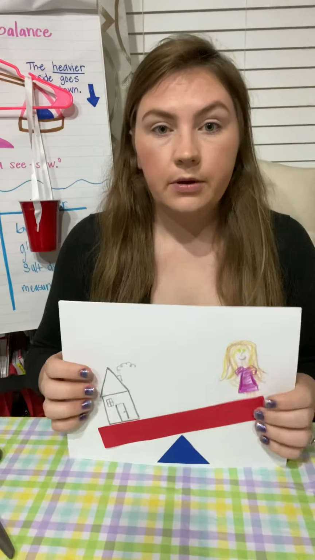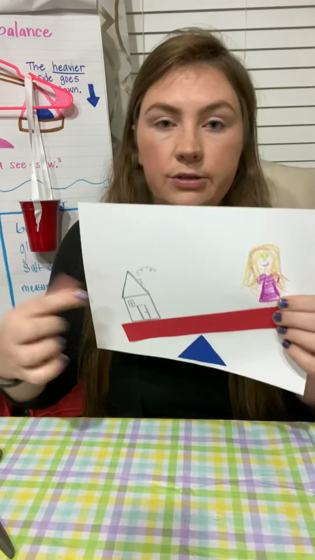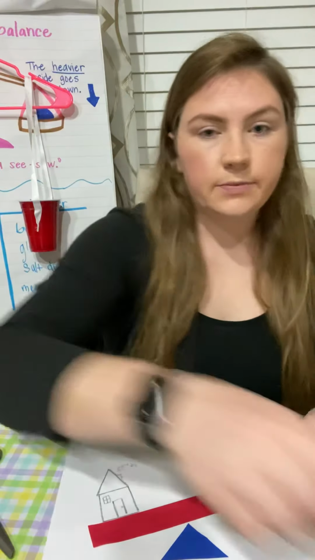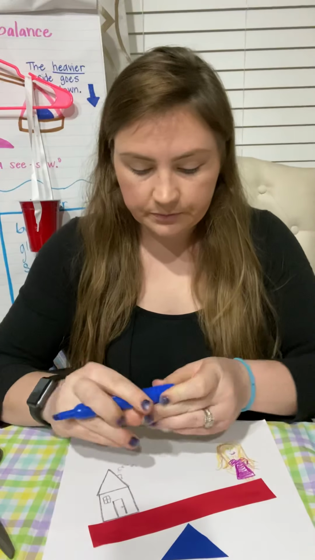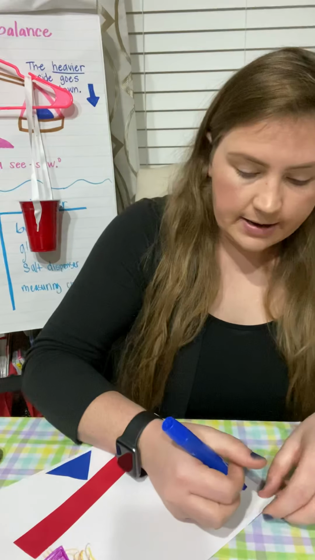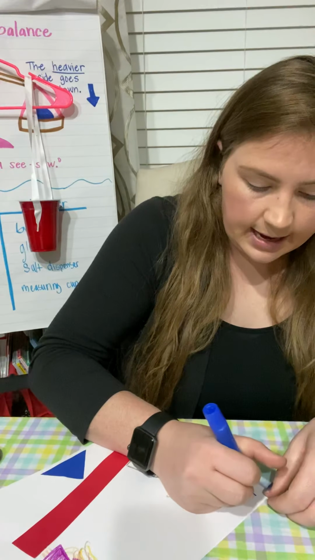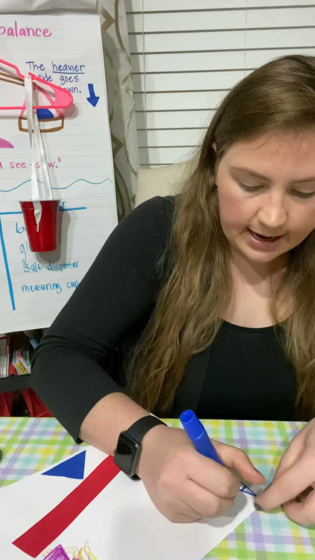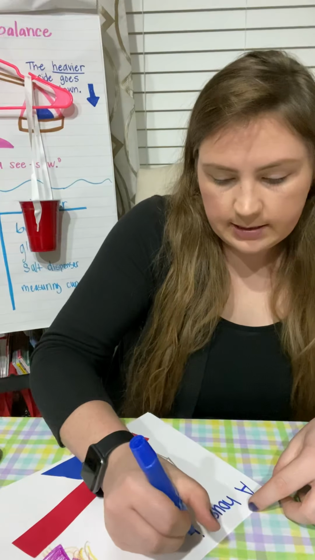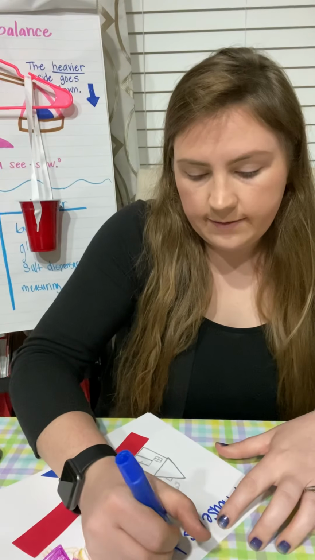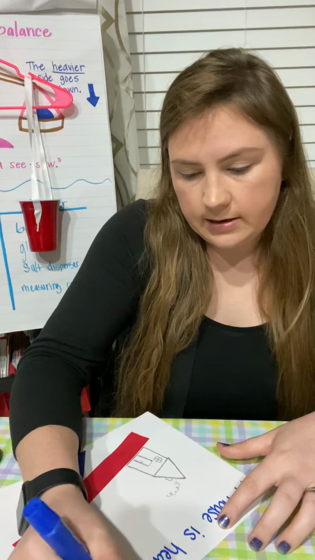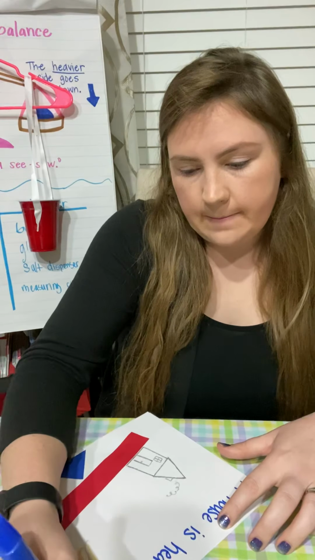So up on top, I'm going to write my sentence and compare the two. I'm going to write this in marker just so that you can see. I can't write upside down. Sorry, guys. A house is heavier than me.